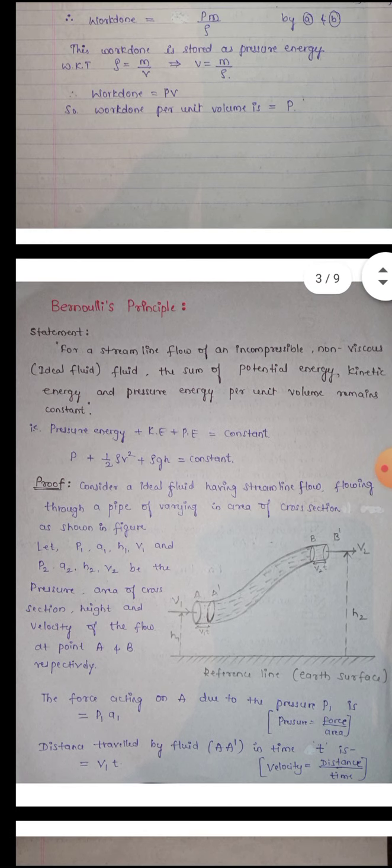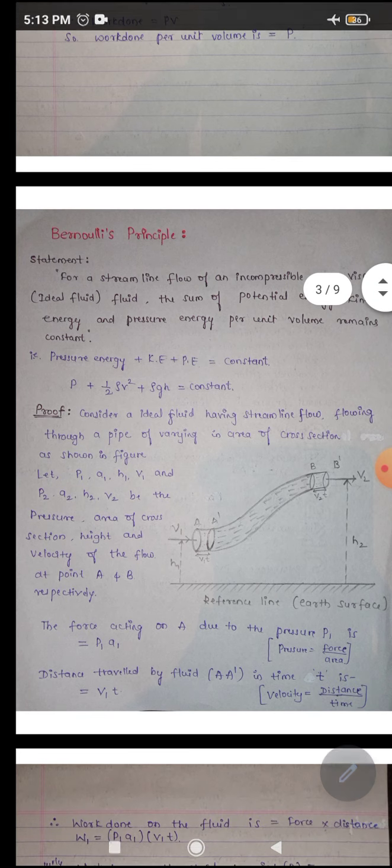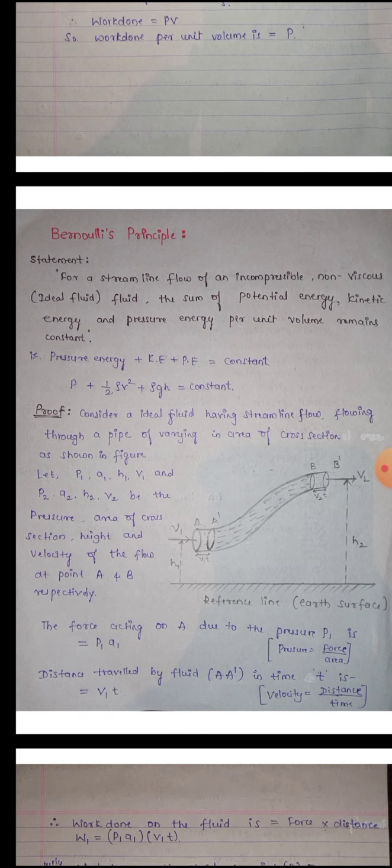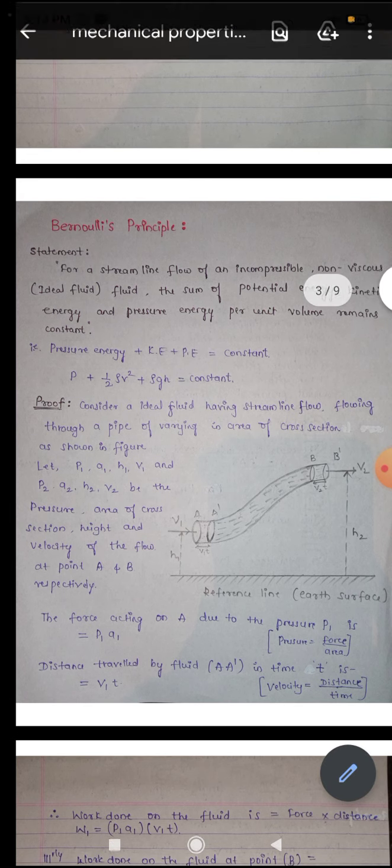These layers are moving with different velocities, but if they are not interacting with each other, or if there is no force of friction between any two layers of that fluid, then that type of fluid is known as non-viscous fluid. Non-viscous fluid means a fluid in which the layers are not having any force of friction.